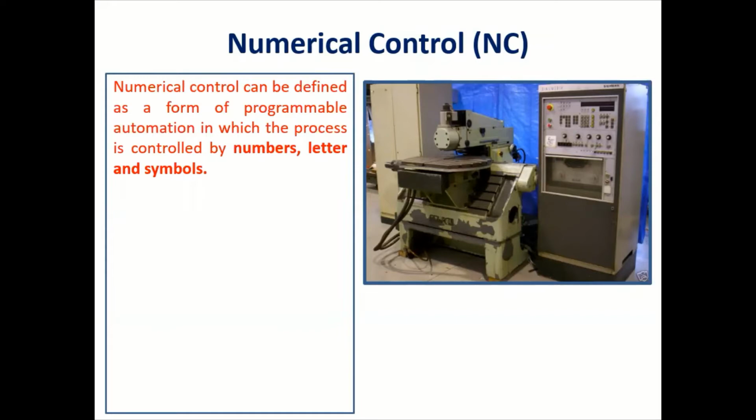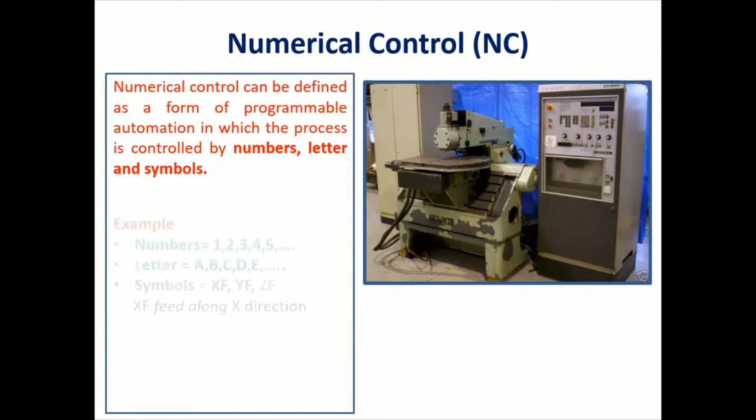It means that the machine is controlled by a set of instructions called a program, and this program contains numbers that will indicate the speed, feed, and coordinate movements of the table, along the x, y, and z axis for different types of jobs. So the name is numerical control.